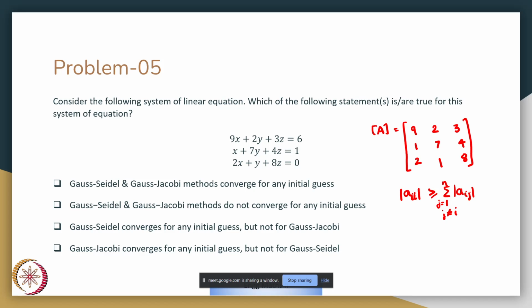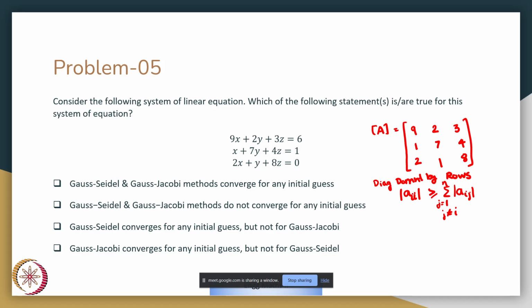So this is diagonally dominant by rows. And for the convergence theorem, we need the strict inequality to be true.